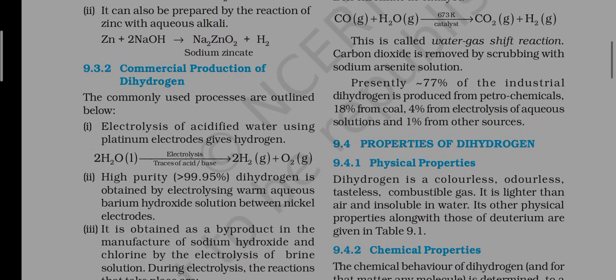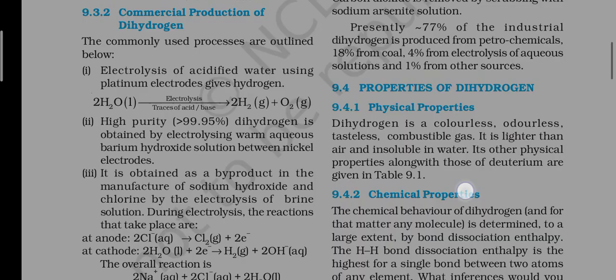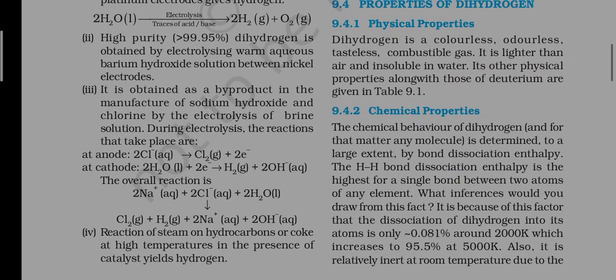First, electrolysis of acidified water using platinum electrodes gives hydrogen. High purity dihydrogen is obtained by electrolyzing warm aqueous barium hydroxide solution between nickel electrodes. It is obtained as a byproduct in the manufacture of sodium hydroxide and chlorine by the electrolysis of brine solution.